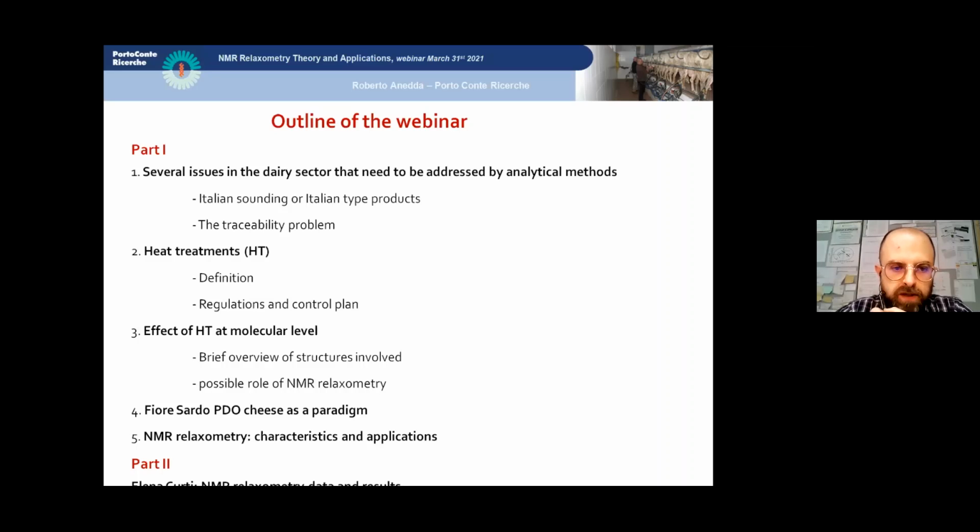And then I will talk about a model system that we used in order to optimize our analytical approach to study these systems, which is called Urasado. It is a typical Italian cheese. And then I will say a few words on how NMR relaxometry is used nowadays in industry, also not only in the food industry, but in industrial production in general.